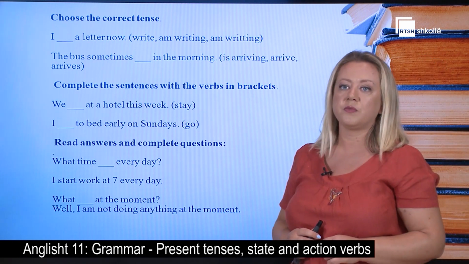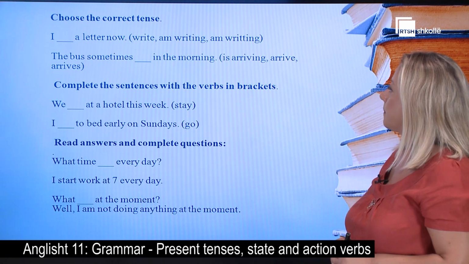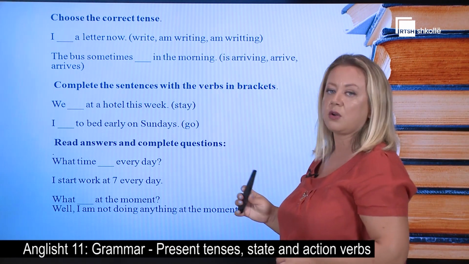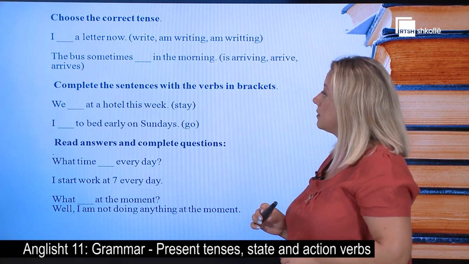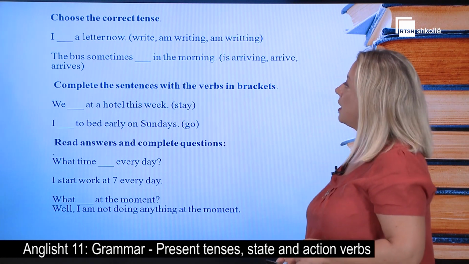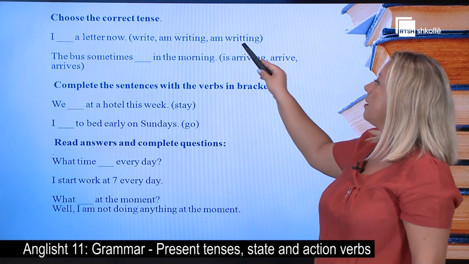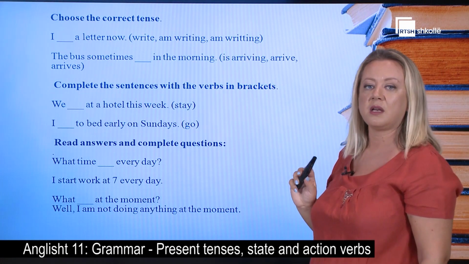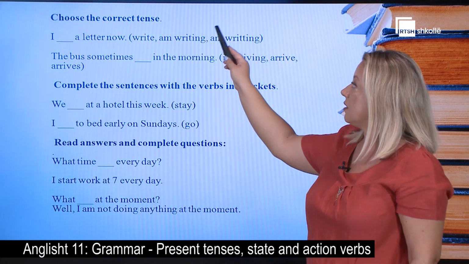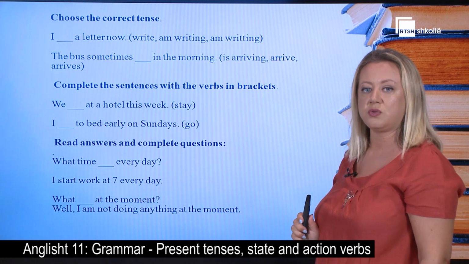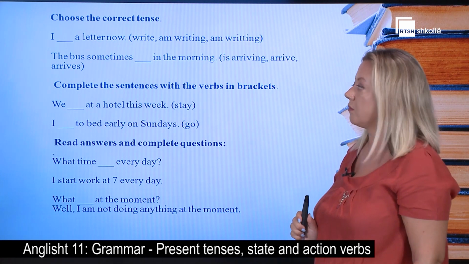Let's see now. Choose the correct tense. What might be the correct answer in the first sentence? I write a letter now, I am writing, or the third alternative, I am writing. Be careful. Even the spelling mistakes can confuse you in choosing the right alternative.